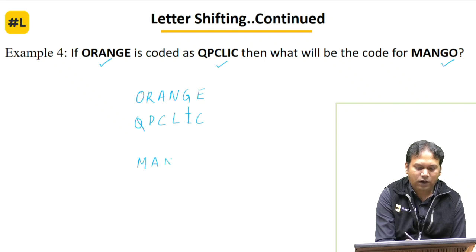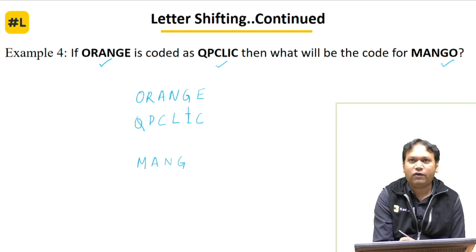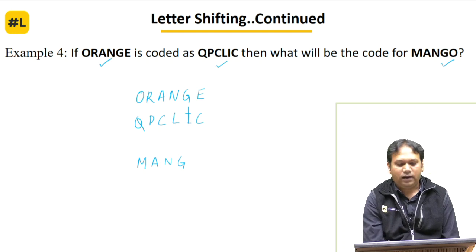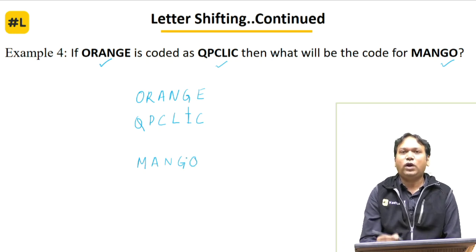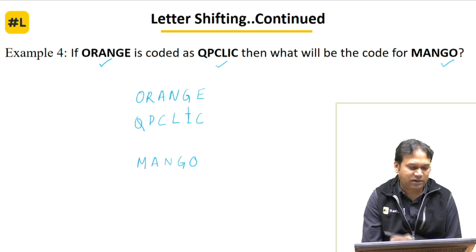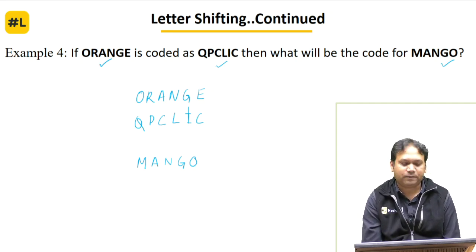Observe carefully. Look at how the letters are shifting forward or backward. How many positions are we shifting forward or backward? Once you are clear with the logic used, immediately you will be able to solve and get the answer.